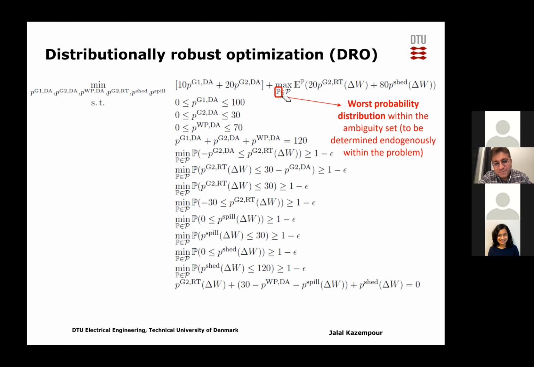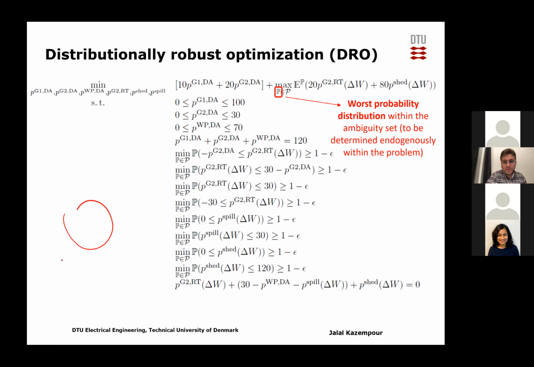Priyanka, can you say what I should do with the ambiguity set to recast DRO as either a robust or stochastic program? Let me reword it. This is my ambiguity set.